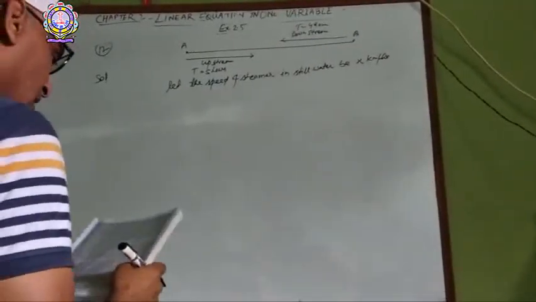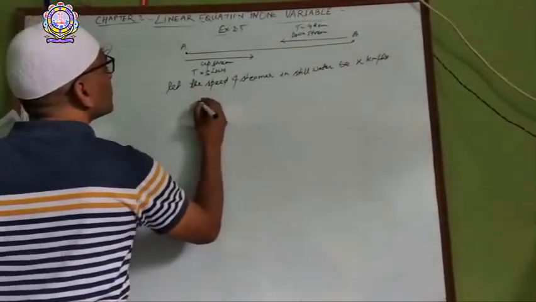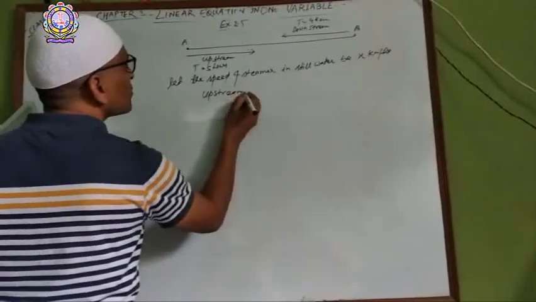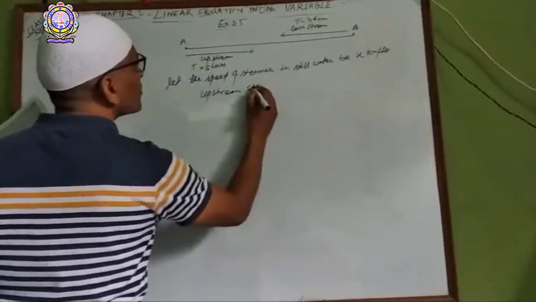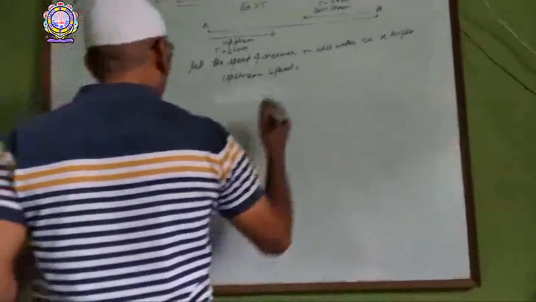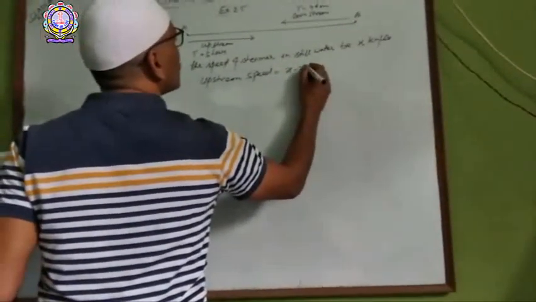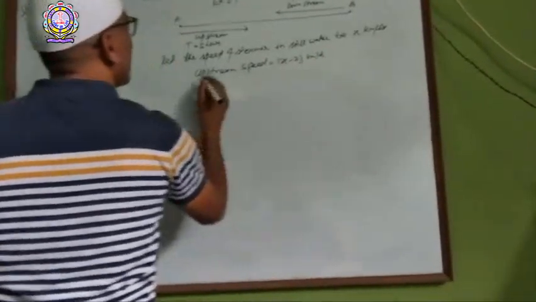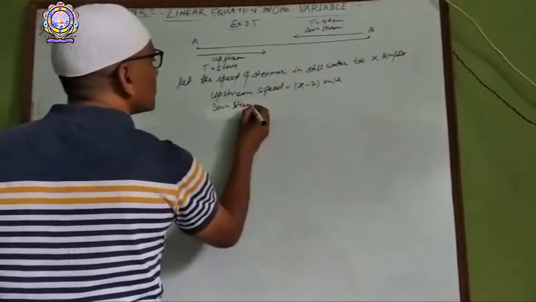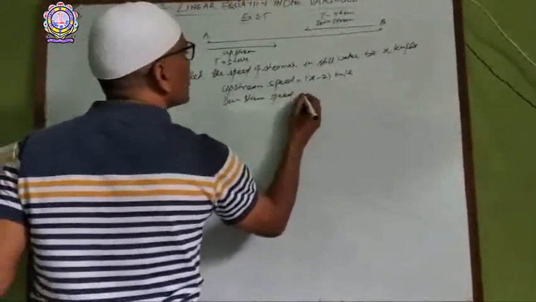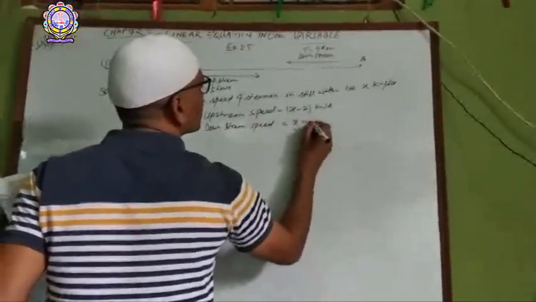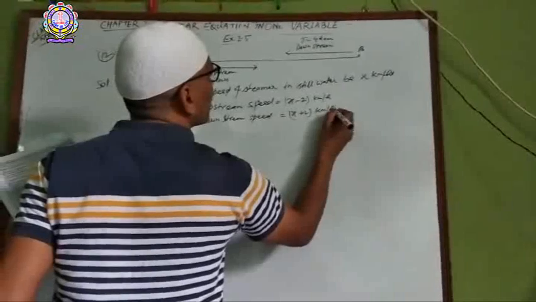Okay. Then upstream speed will be x minus 2 kilometer per hour, and downstream speed will be x plus 2 kilometer per hour. Okay.